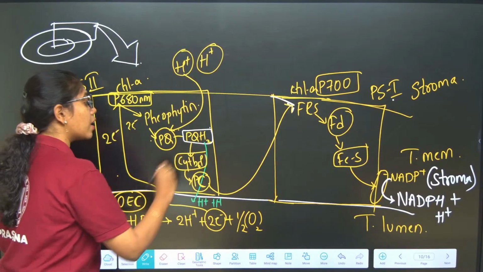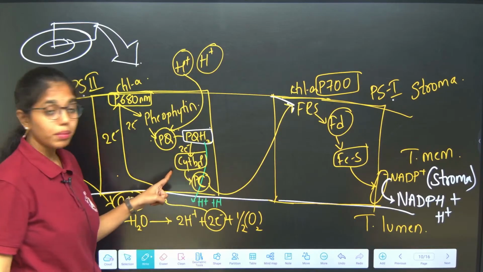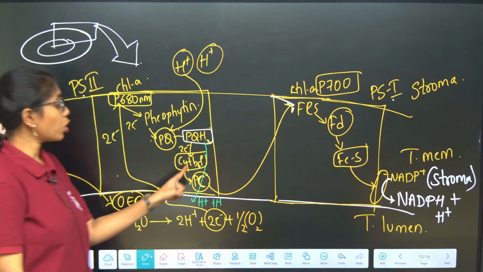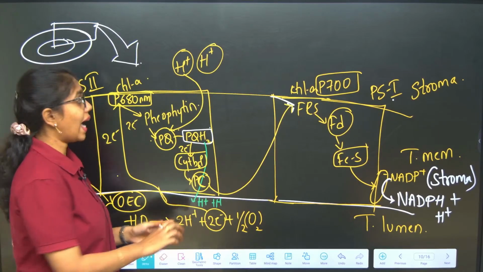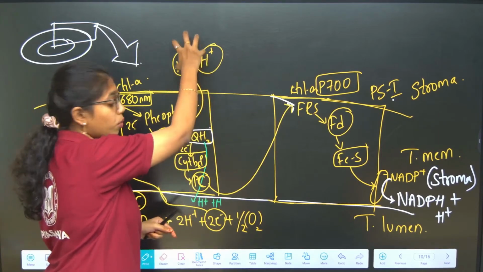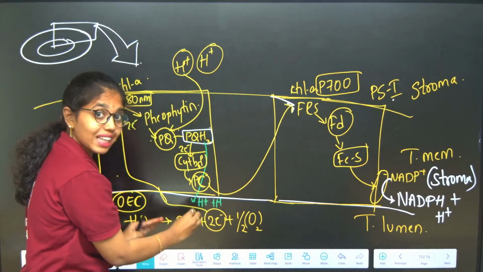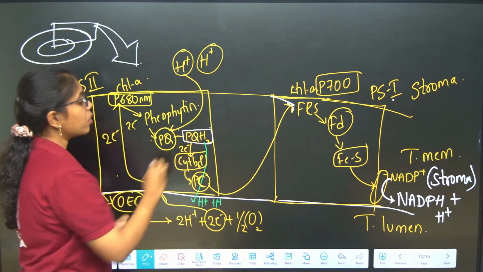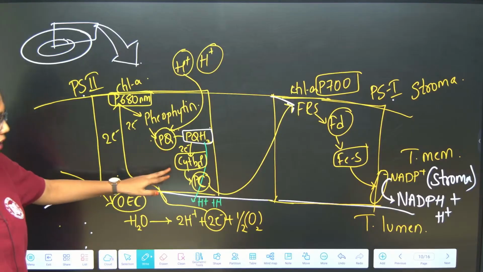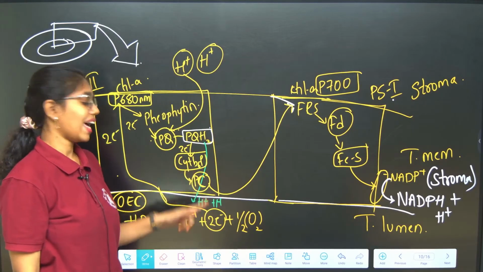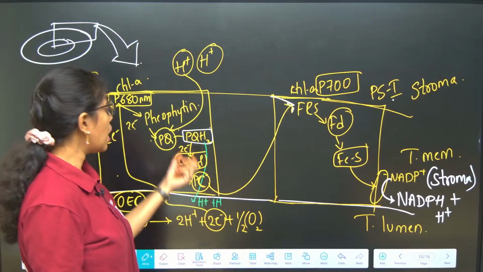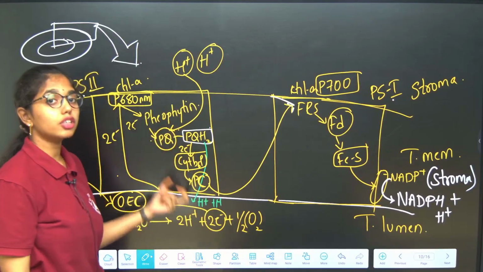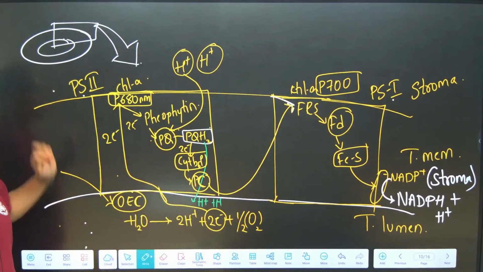It submits the electrons to cytochrome b6f and protons to what? Thylakoid lumen. And here 2 electrons from cytochrome b6f are given to what? Plastocyanin. Plastocyanin is the final electron acceptor of photosystem 2.